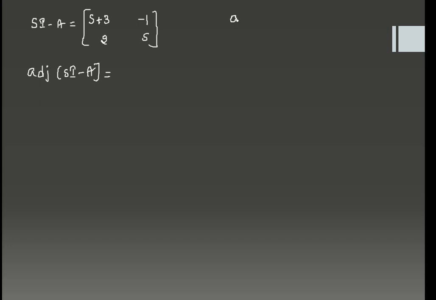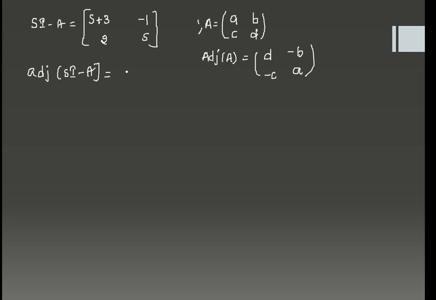We know that if you have a 2 cross 2 matrix [A B; C D], the adjoint is obtained by just replacing A with D and D with A and changing the sign of B and C. Similarly, here in place of D we are having S, in place of A we are having S plus 3.